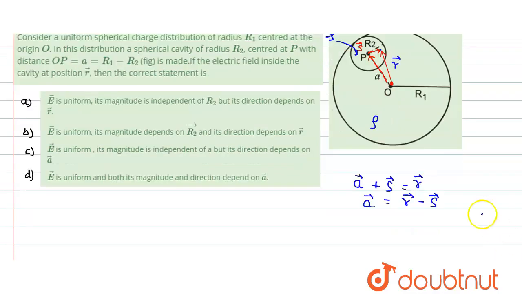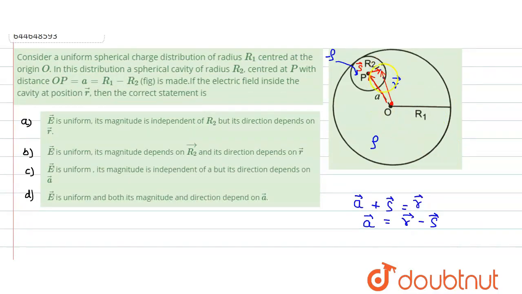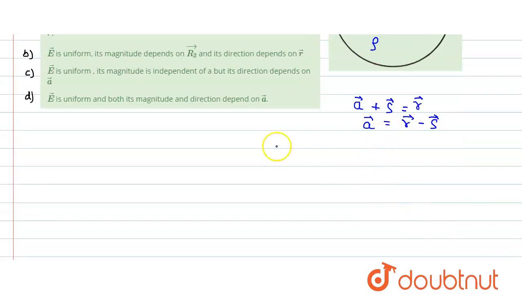Now that means at any radial location there would be electric field due to two things. One, due to our charged sphere having a charge density rho, and due to this cavity which is treated as having a volume charge density of minus rho. So the electric field due to our sphere of radius r1, how is the electric field given inside a sphere?